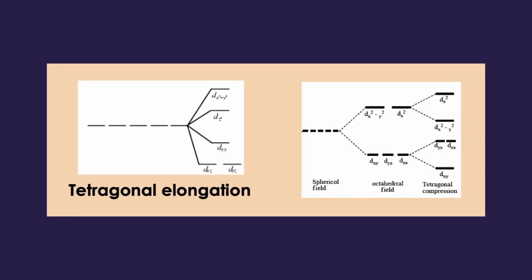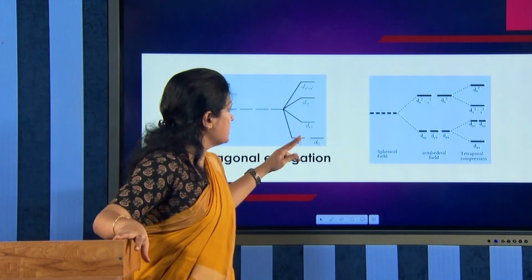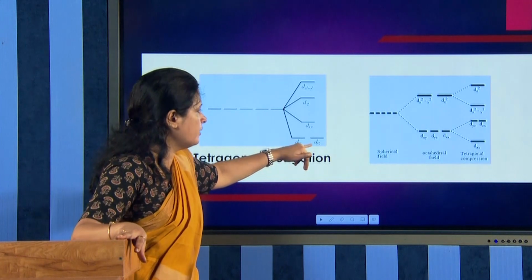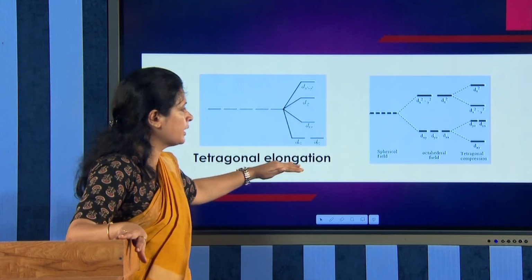And now coming to the other situation, that is tetragonal compression, meaning the ligands along the z-axis will have a greater energy. The reverse is the case. See, dxz and dyz have a lower energy in tetragonal elongation.